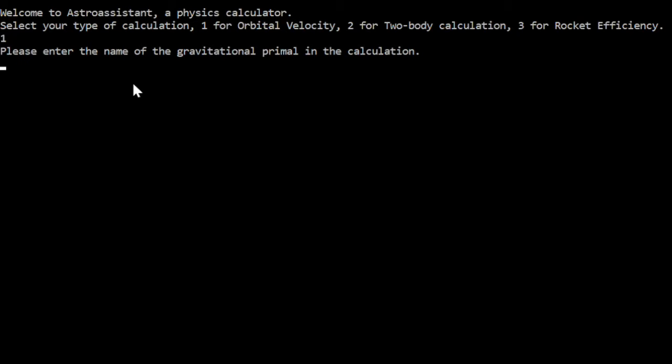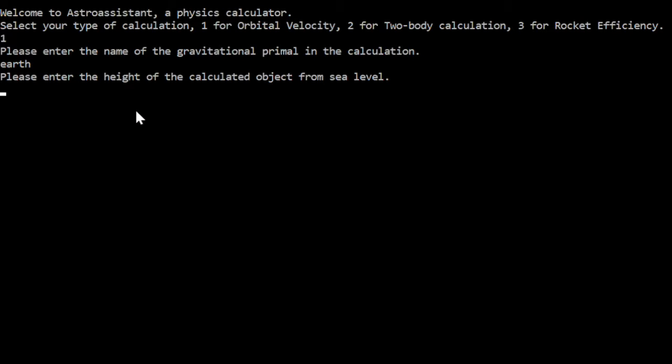So this calculator doesn't require you to enter GM, nor the distance from the center of your astronomical object to your orbiting object. So if you select, for example, Earth, it automatically selects the GM, which is also called mu, by the way. It automatically selects GM, and it automatically adds the body radius to your height from sea level. So it's pretty convenient. Let's press enter.